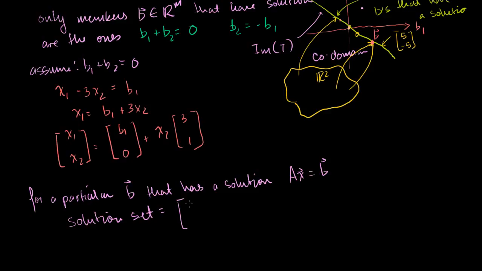It'll be equal to x1, x2 is equal to the first entry of your b, b1, 0, plus x2 times the vector 3, 1.